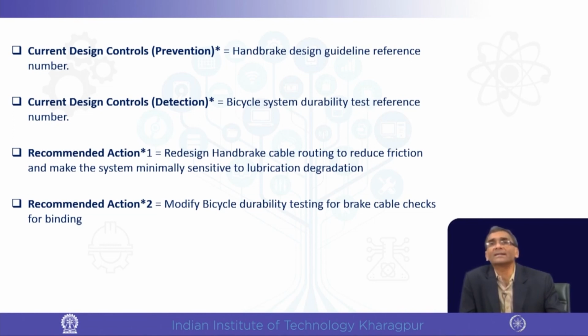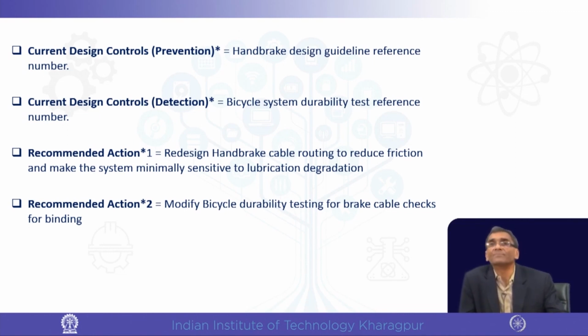What is the recommended action? Exactly, we are talking about this. This is the heart and essence of FMEA. Redesign handbrake cable routing to reduce friction and make the system minimally sensitive to lubrication degradation. And so, it is the robust design category, and recommendation 2 is to modify bicycle durability testing, which is in the testing category.